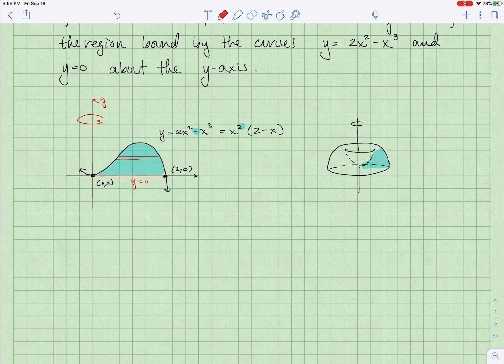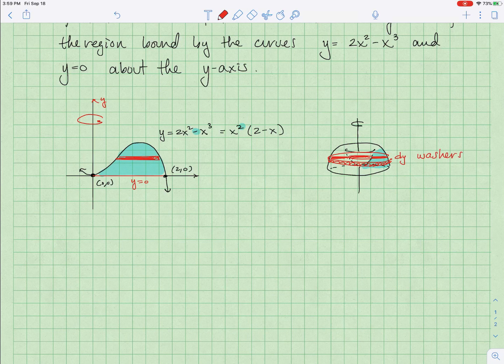So let's see, there's our approximating strip. That's going to translate into the following shape. We're going to get this disc with the hole in the middle, which we're calling a washer, with a thickness dy.